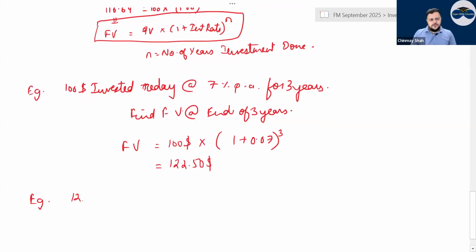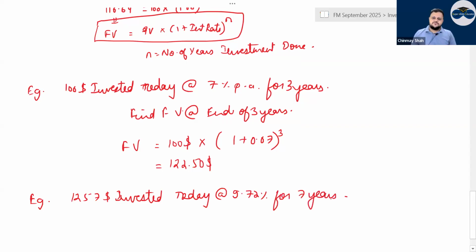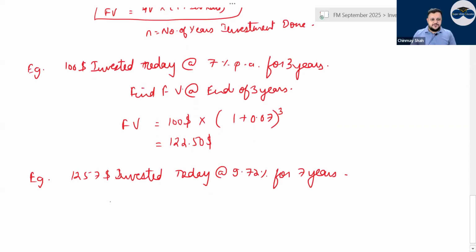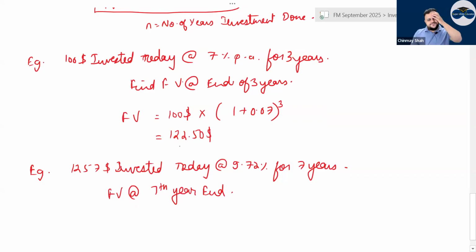Come. $1257 invested today at 9.72% for 7 years. A bit complicated, nothing more than that. So how do you find the future value at the 7th year end? Okay, we got one answer, 2406.